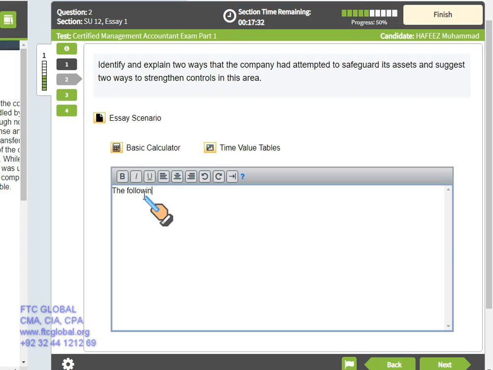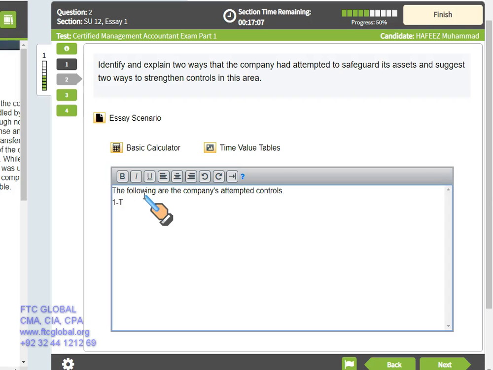The following are the company's attempted controls. One, the company had physical control over their checks. They were tightly locked.